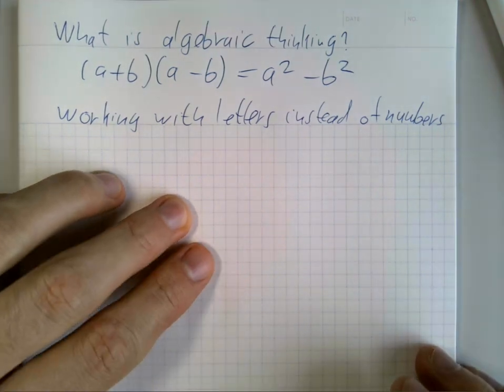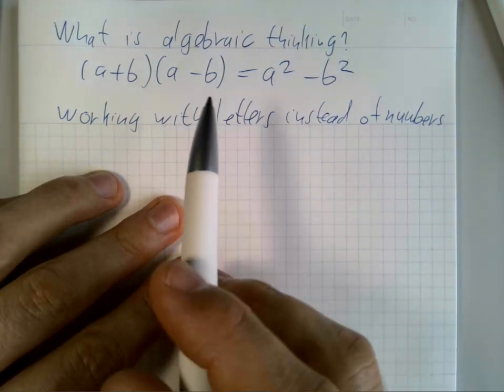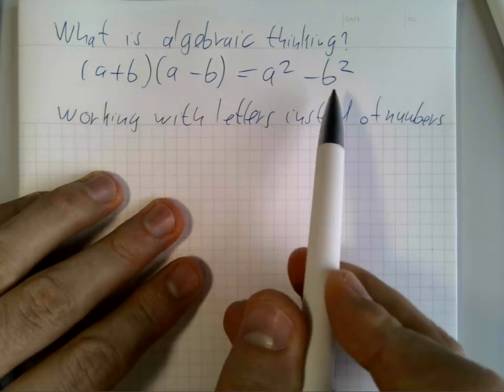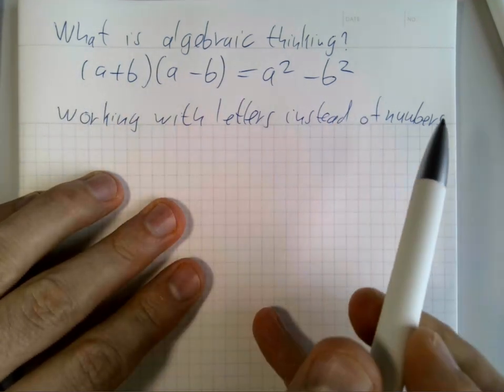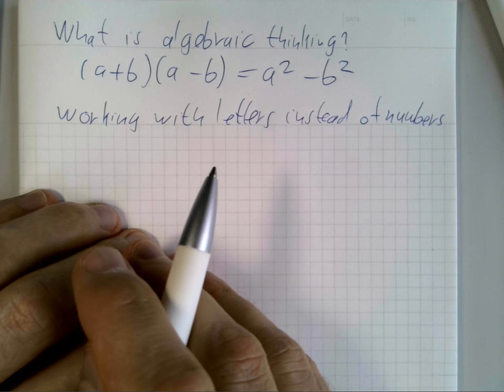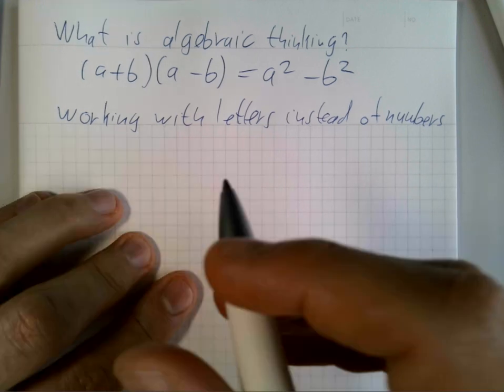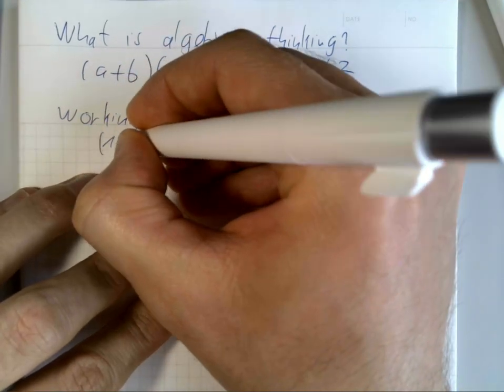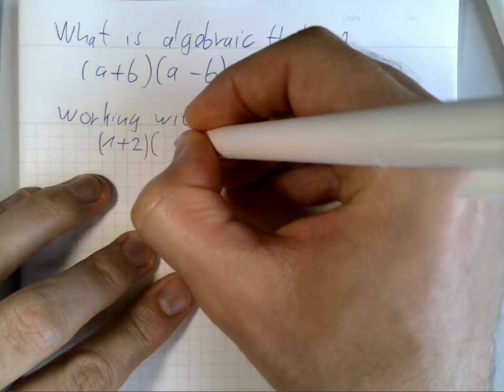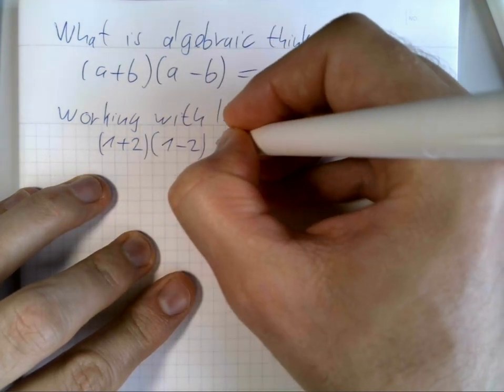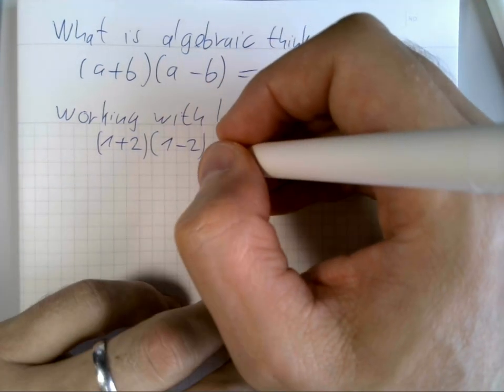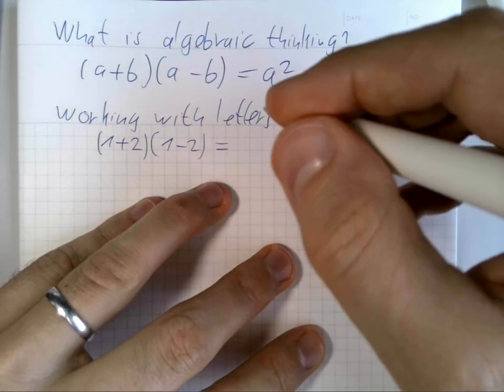Okay, if I ask what exactly is the meaning of this, you might say, sure, it means that (1 plus 2) times (1 minus 2). Well, let's calculate what that is.